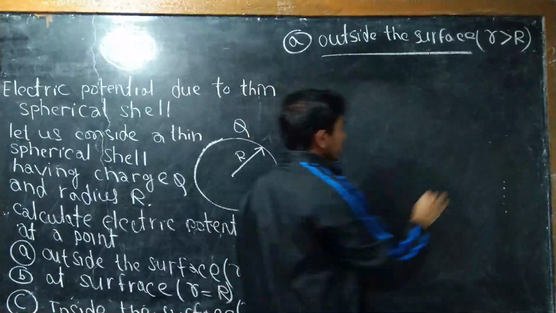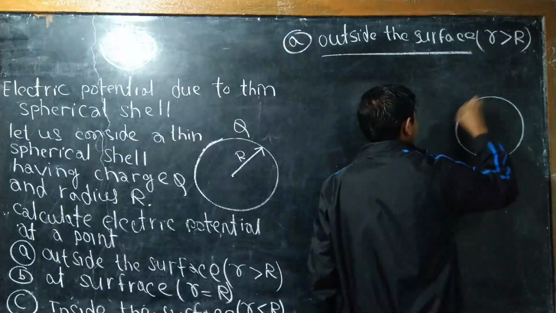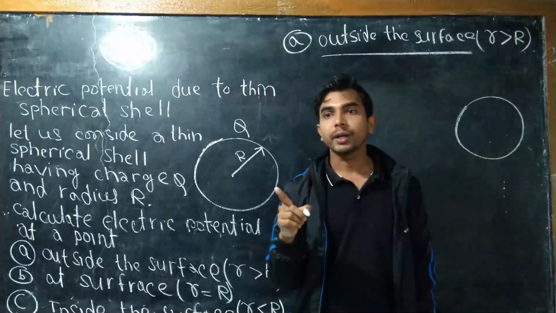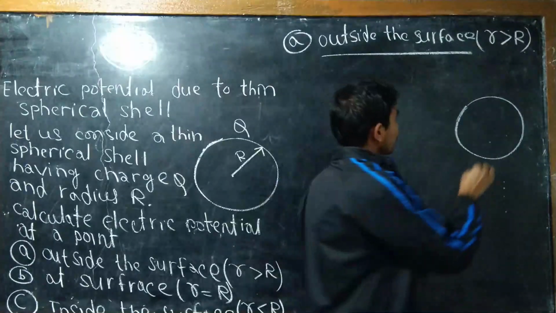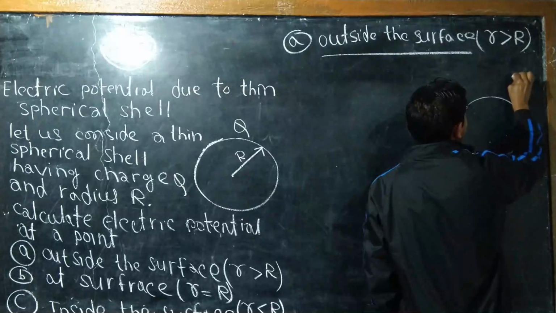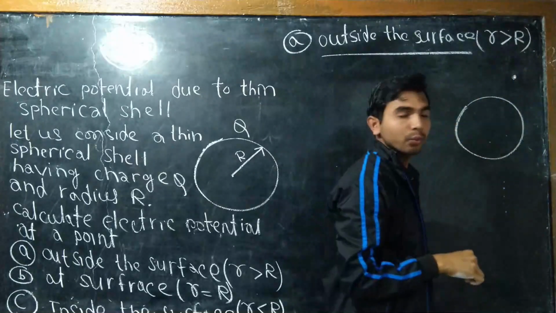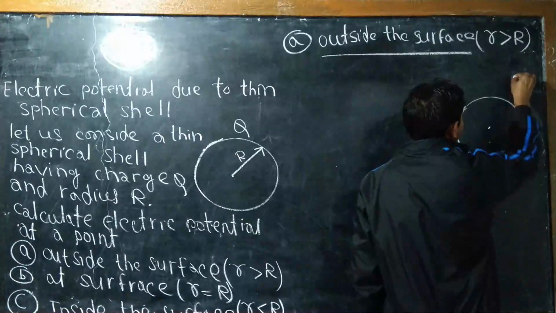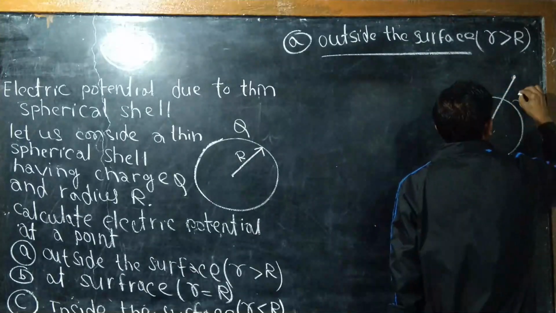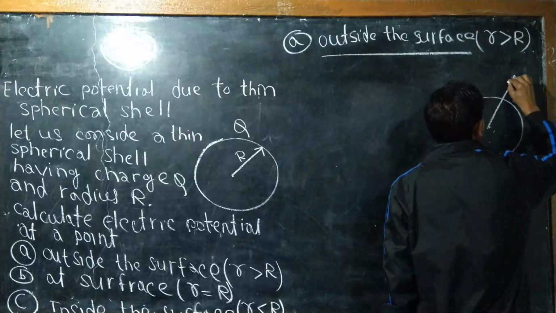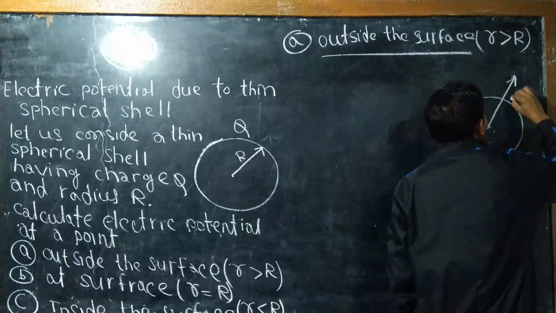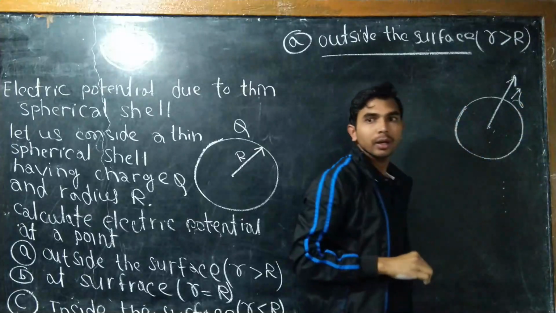Now suppose this is a cell, and I am taking a point outside. At this point we are going to find the electric field. This point is located at distance r, or we can write the position vector of this point with respect to the center is r vector.